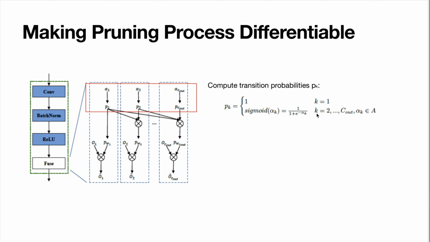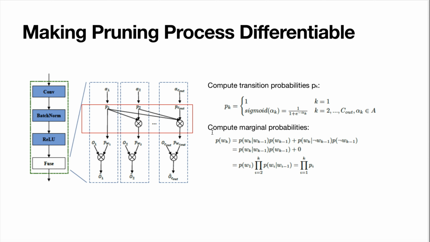Alpha are a set of learnable parameters. Some works also call these the architecture parameters. The transition probabilities can be simply computed by a sigmoid function of alpha. With the transition probabilities, we can compute the marginal probabilities of each channel. By our definition, we can simply remove these terms because they equal 0.